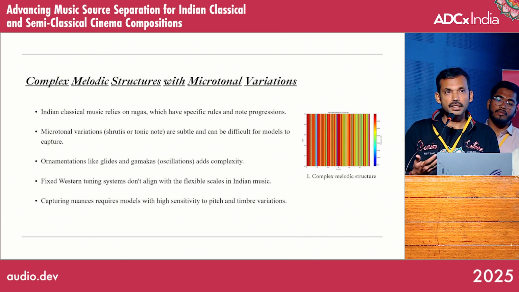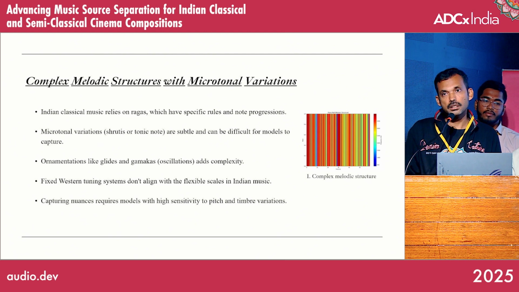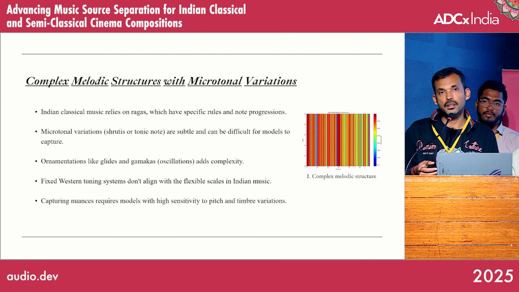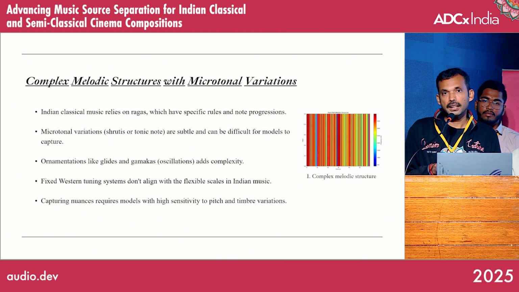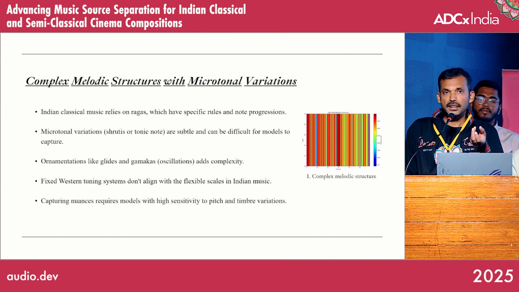Again and again I want to say that microtonal variations are a very important thing in our system that make the model more and more complex, and because the frequencies are not totally separate, we cannot simply apply an MFCC coefficient or a chroma feature and extract all the information. We need a very specific, deep understanding of the MIR, music information retrieval, features: which feature is going to act on which area, and whether we can get that information out of it.